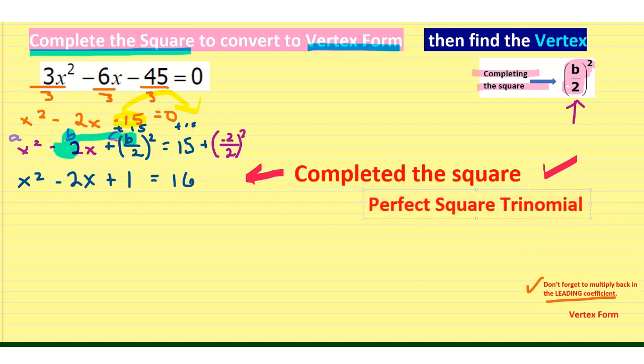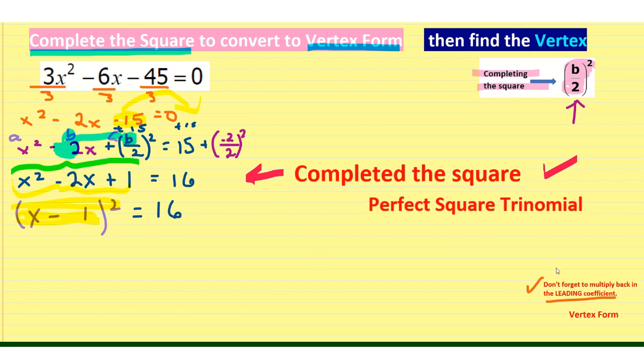And what that means is that this little piece of my equation is the perfect square trinomial, and I can now factor it according to an easy pattern. So the square root of x squared is an x, and the square root of the 1 is a 1, and the sign in the middle is a negative. So this piece right here is the factorization of my perfect square trinomial. And I still have my 16 over here is equal to 16.